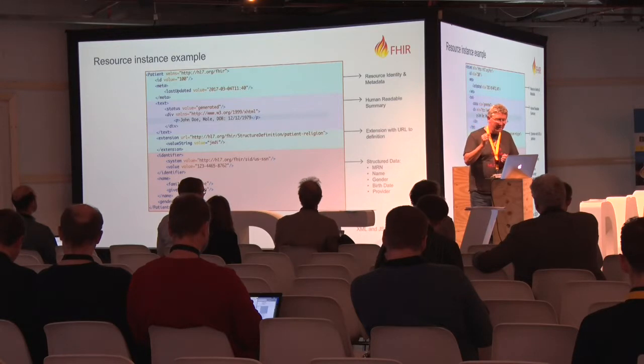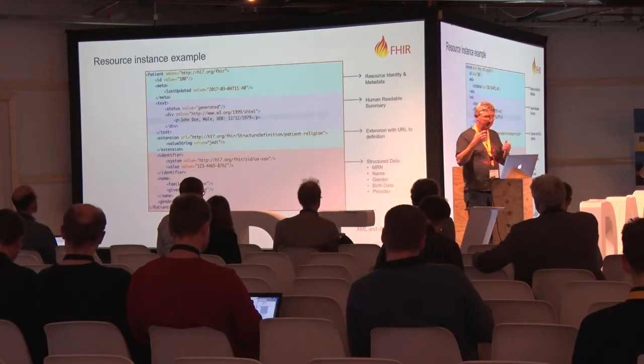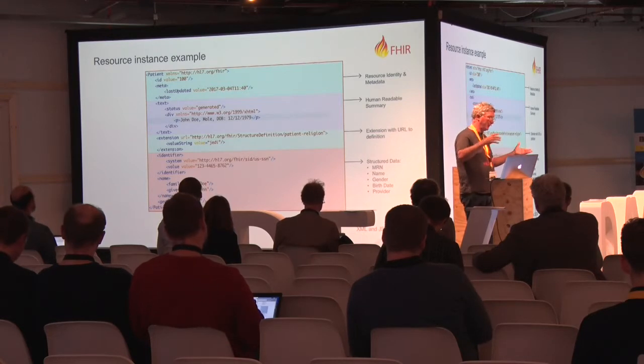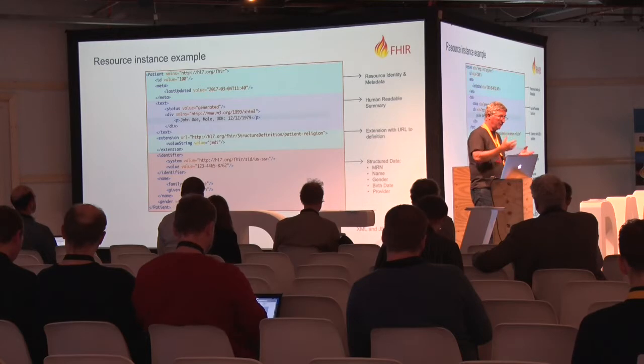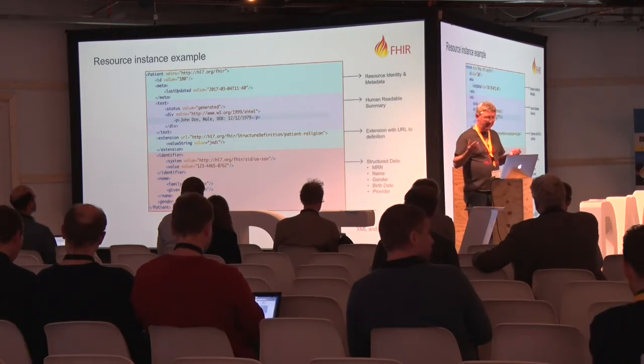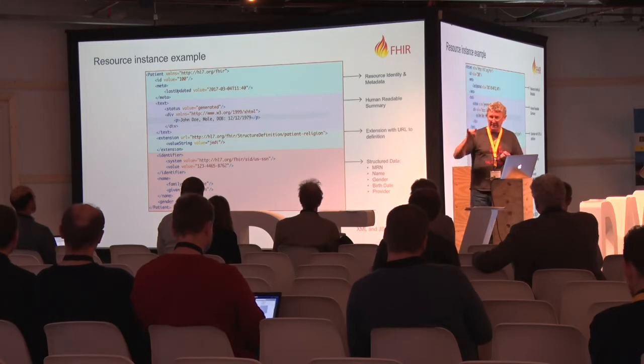And what this means is that extensions are a normal part of FHIR. And it's really quite important to get that, because people seem to think that an extension means that something's failed. It's not. Any real-world interoperability project will have extensions. And notice how the extension has got a URL. And that URL points to its definition.